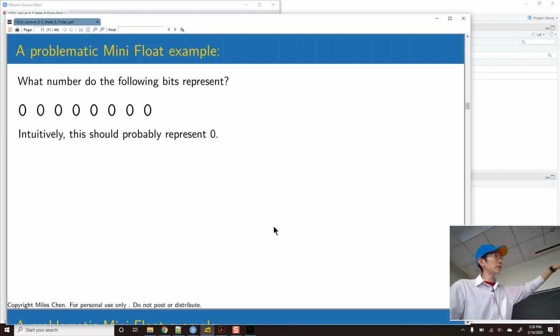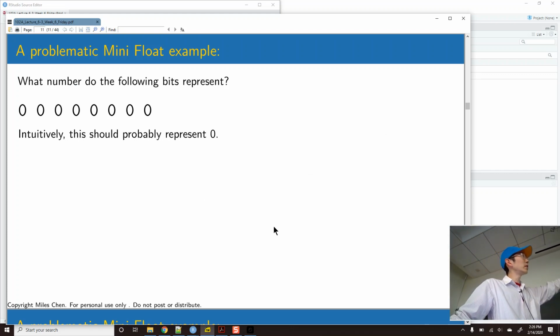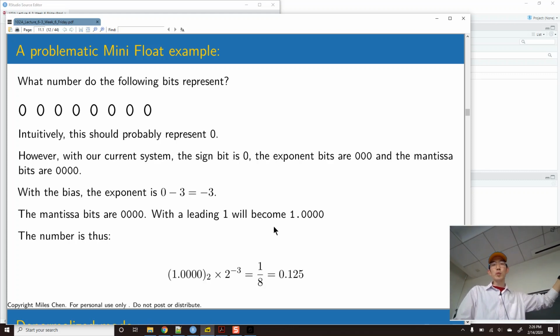Okay, so if we have this though, what number would these bits represent? I've got 0 for the sign, 0, 0, 0 for the exponent, and 0, 0, 0, 0 for the mantissa. Intuitively, we feel like this should represent 0. But with our current system, we're always assuming that the leading digit is a 1, right?